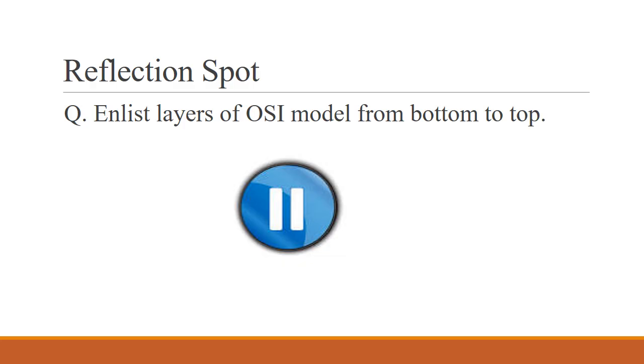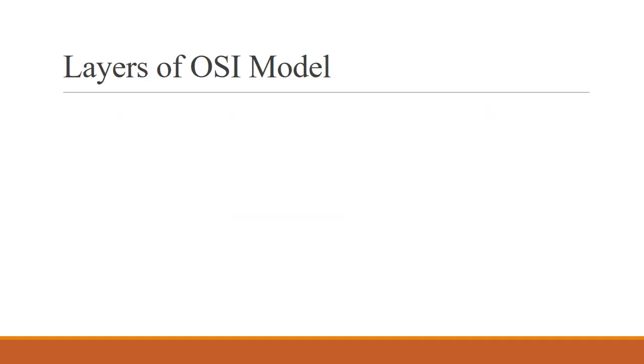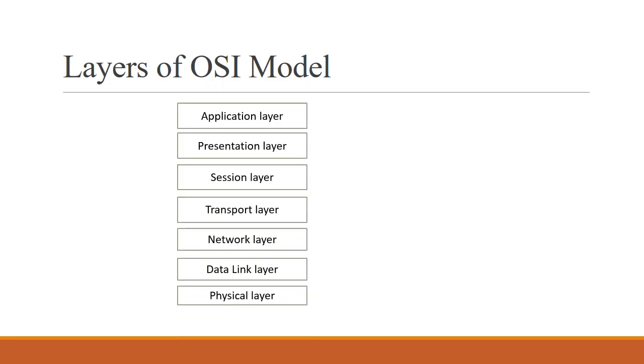So, I think you have noted down the answer. The answer is, layers of the OSI model from bottom to top are physical layer, data link, network, transport, session, presentation, and application layer.